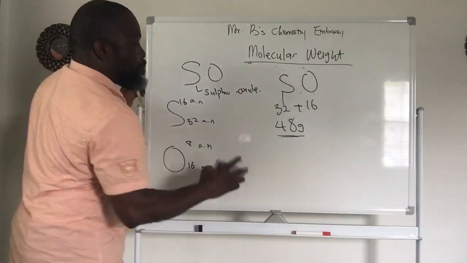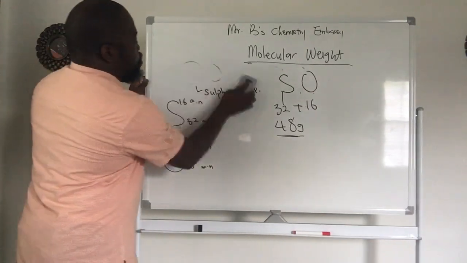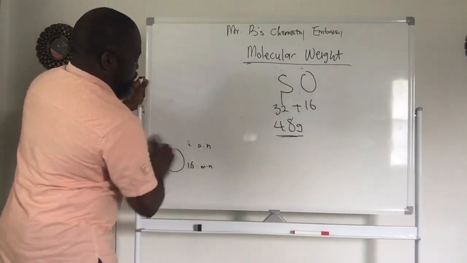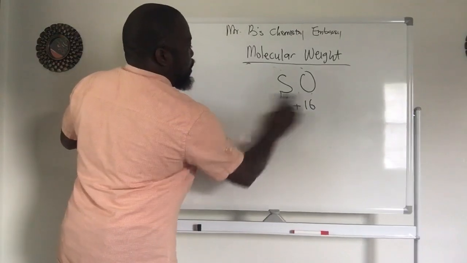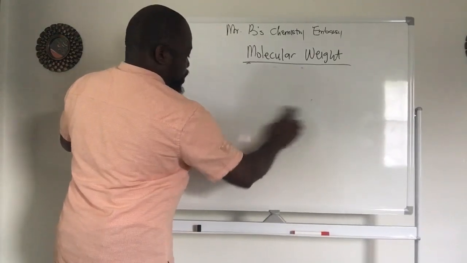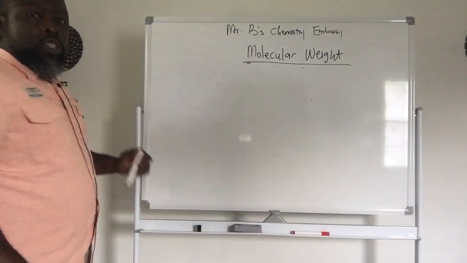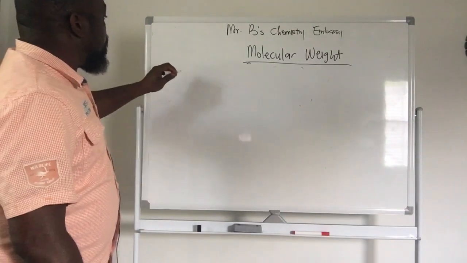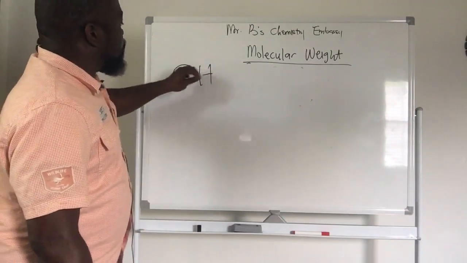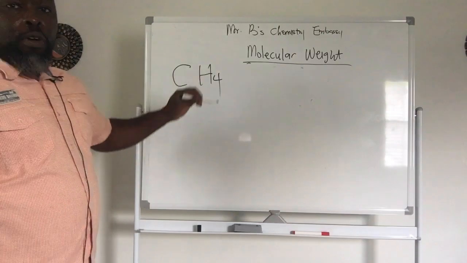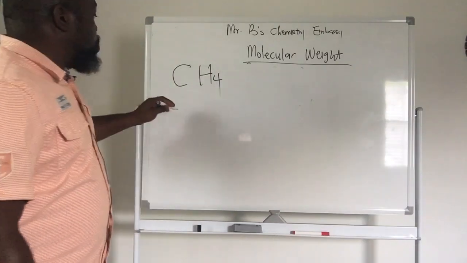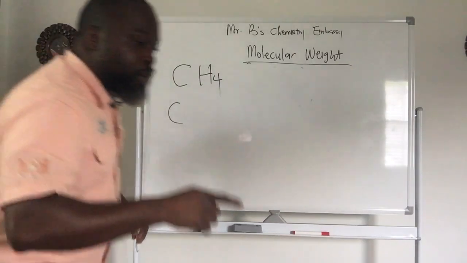So let me do one more example and we will be done for today. Let's do methane. Methane is a gas, CH4. What is the first thing we do? Look at the periodic table.